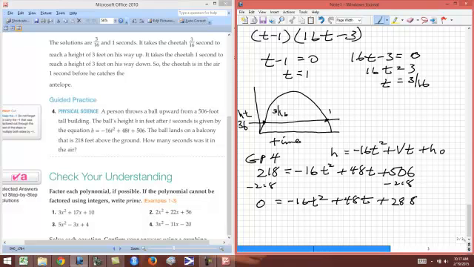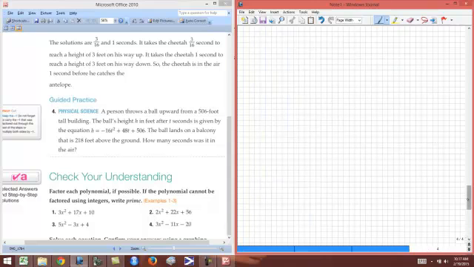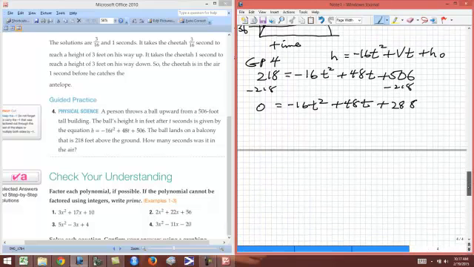So let's do the same trick we did before, which is let's make 16 positive.